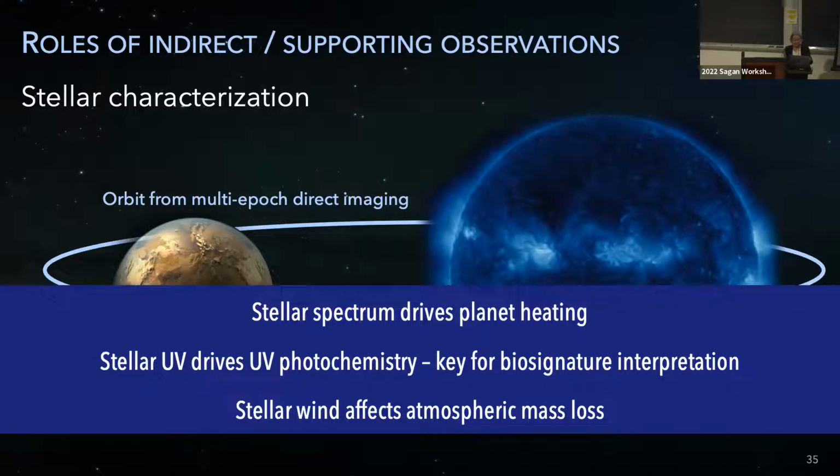And the stellar ultraviolet is especially important since those wavelengths drive the planet's atmospheric photochemistry. And quantitative understanding of that process is absolutely critical for determining those source and sink rates of molecules that I mentioned earlier and identifying biosignatures. And then the stellar wind is a key factor in determining whether there is significant atmospheric mass loss from the planet.